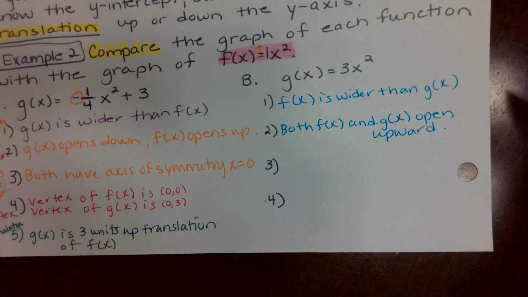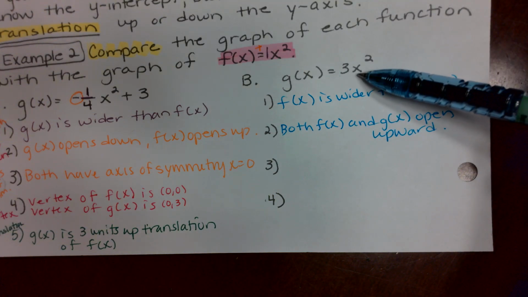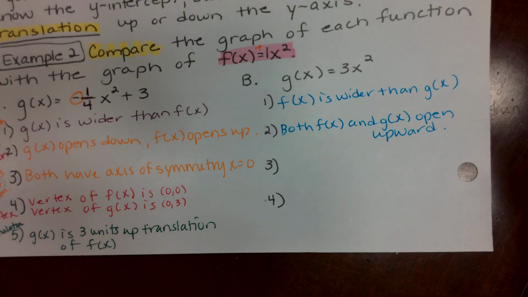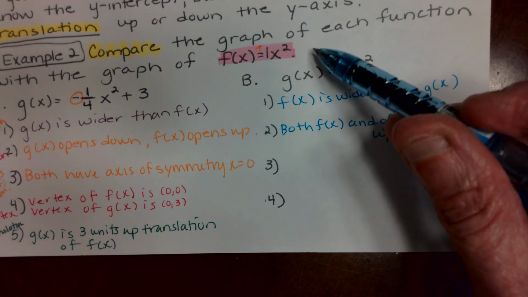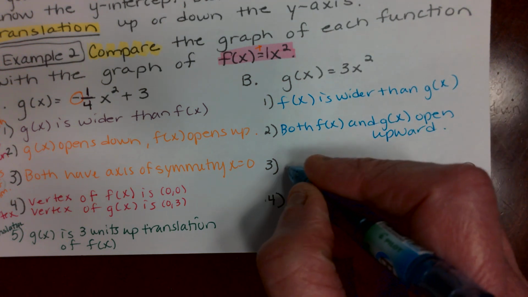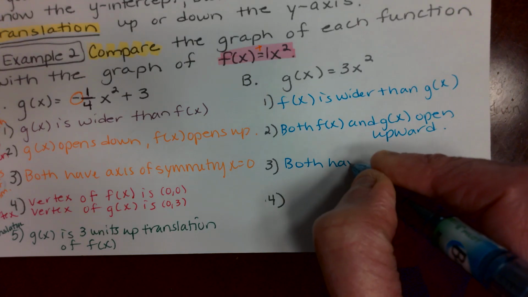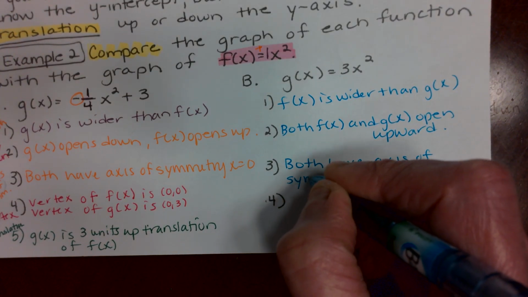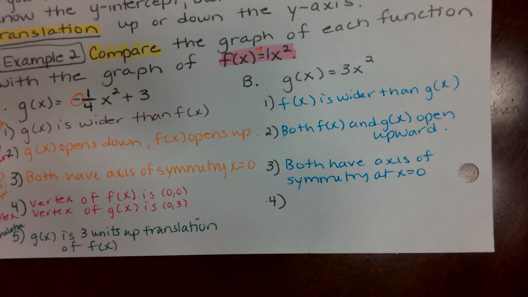I'm going to do the axis of symmetry. It looks like they're both going to have the same axis of symmetry because there's no x term, so there's no b. So they're both going to be x equals 0. So both have axis of symmetry at x equals 0.